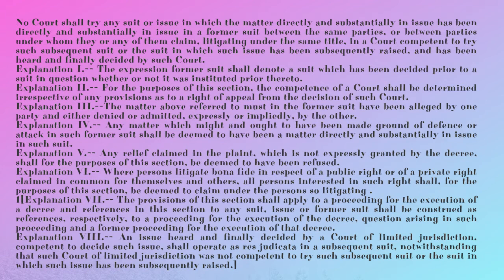Now, as the court here explained the will, what will happen in the future? In the future, if B, C and D do some sort of litigation against A, then the will that has been explained by the court previously, that will become res judicata, which means the interpretation of the will given by the court previously, only that will be considered. So in this way, res judicata will be applicable.